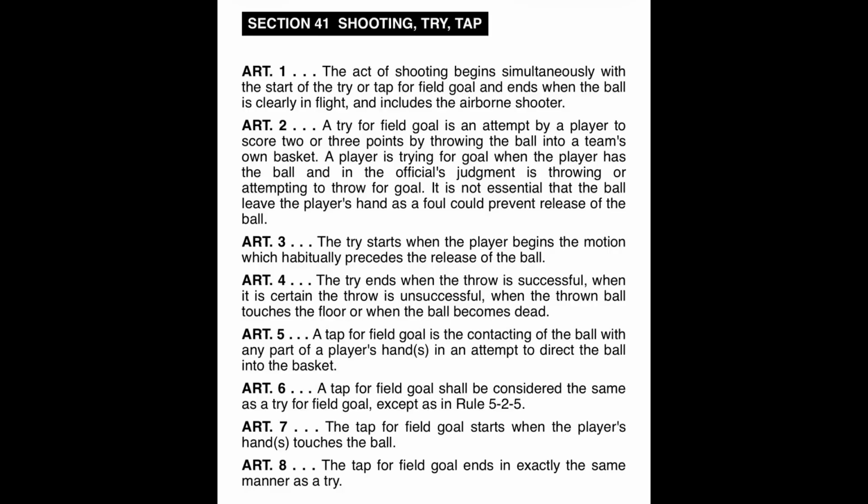It is not essential that the ball leave the player's hand, as a foul could prevent release of the ball. That part is going to be very key in remembering, that fouls could prevent the release of the basketball to go in flight.